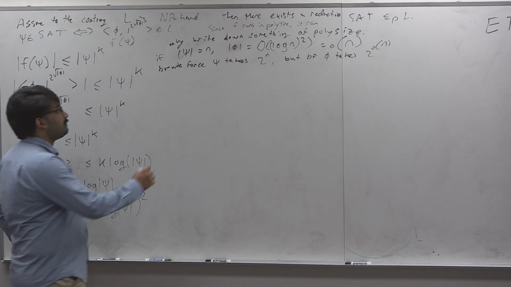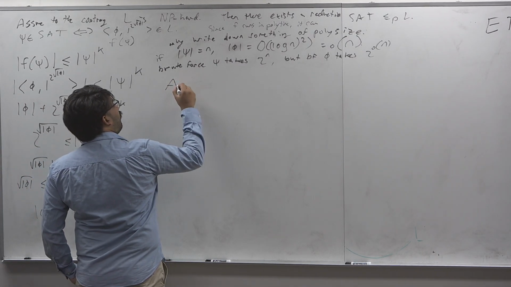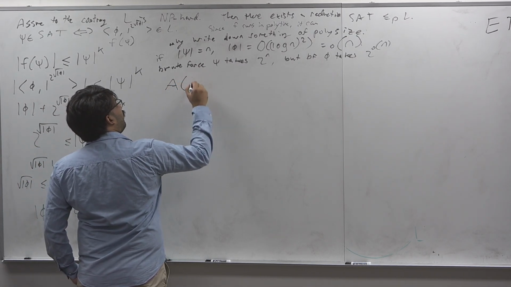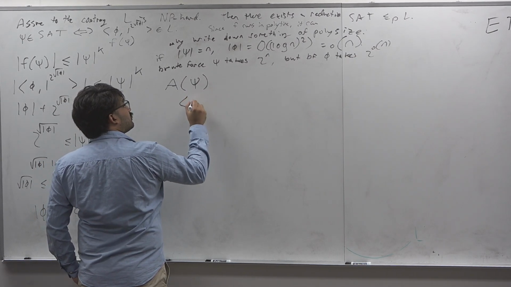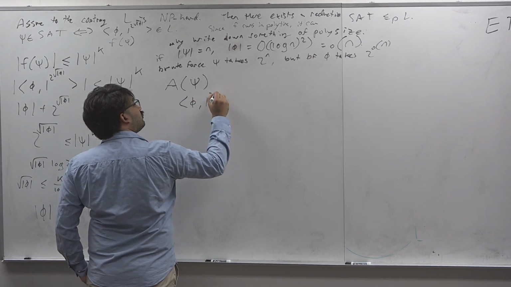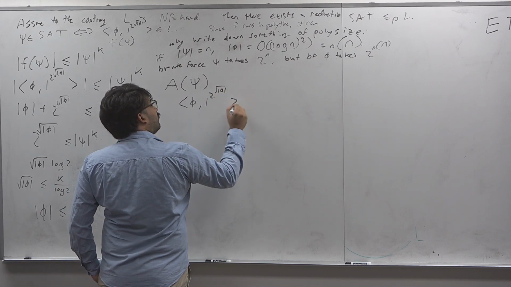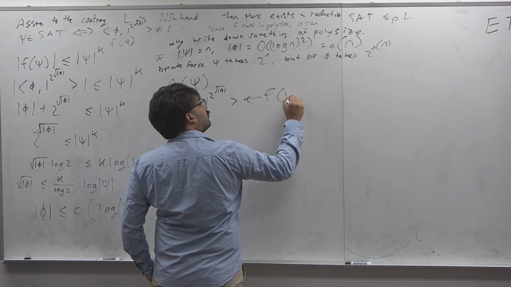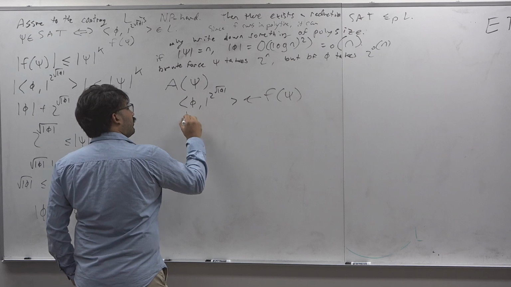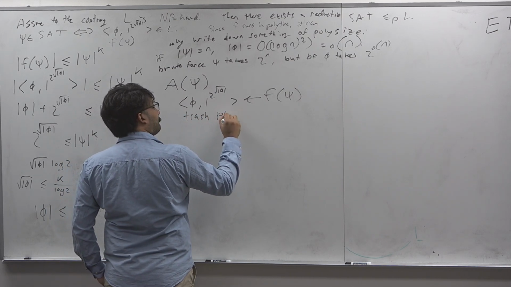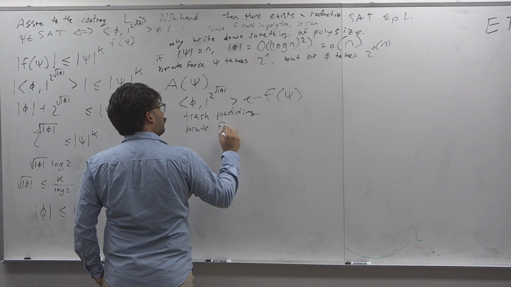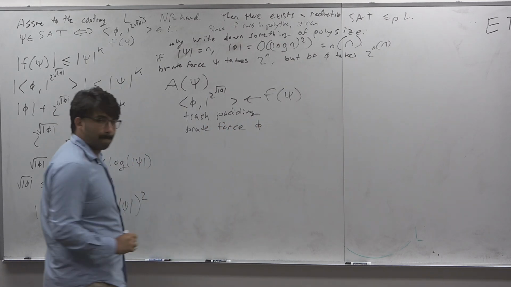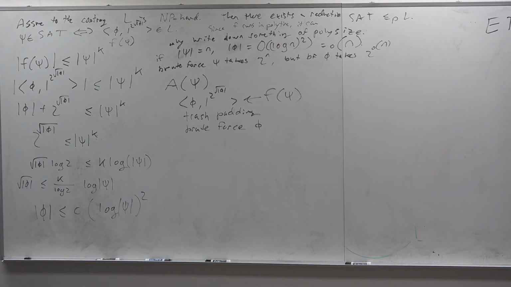So here's the algorithm. Consider this algorithm A on input phi, okay? What we're going to do is compute phi comma 1 to the 2 to the square root of the size of phi from the reduction. We're going to trash the padding, brute force phi. Okay? I claim that this algorithm solves SAT.